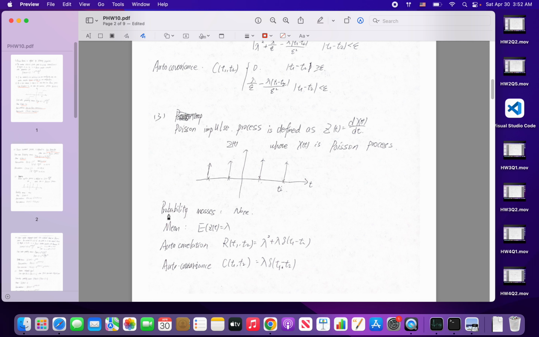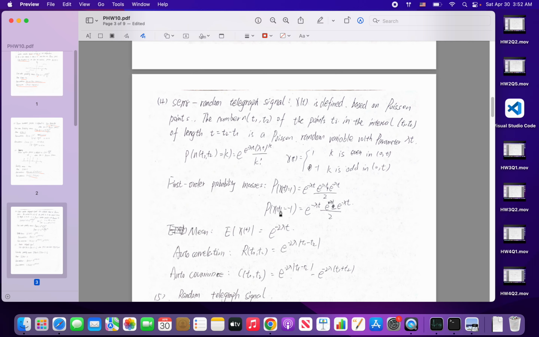The probability mass is not defined, so we don't have it. And for the mean, the expected value of Z(t) is lambda, a constant, and this is the correlation, this is the covariance.